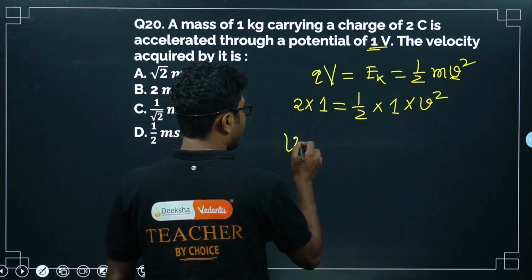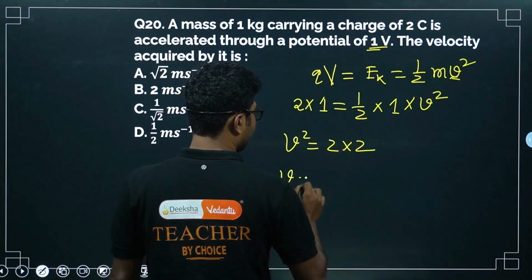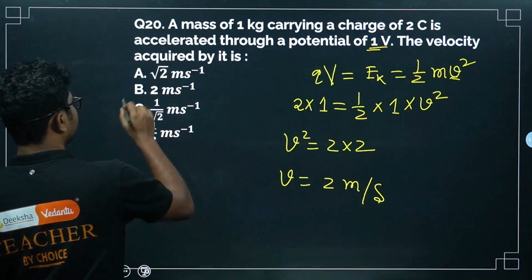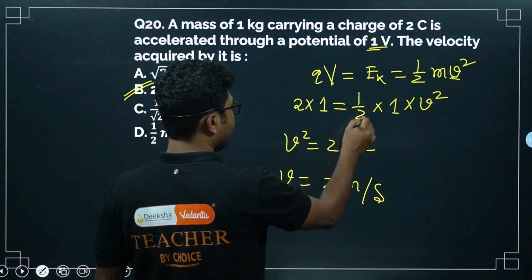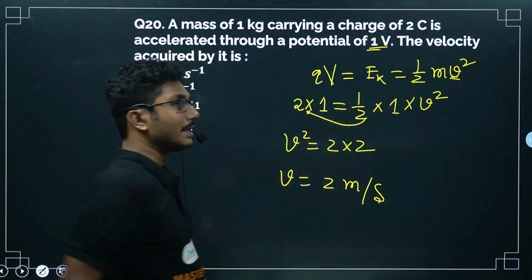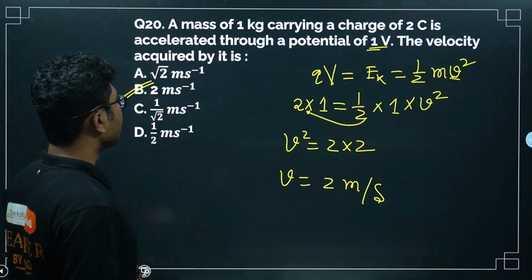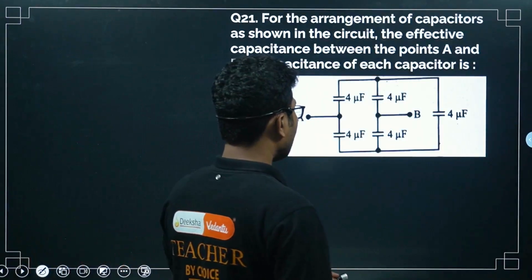So v squared is basically 2 times 2, or v equals 2 meters per second. This is the correct answer. This 2 will go up, everything else is 1, so don't worry about it. Simple problem.